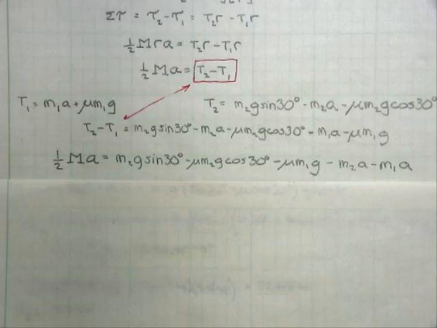Well, we can now describe 1/2 big M a is equal to, and instead of writing T2 minus T1, I'm going to write that expanded form. We've expanded T2 minus T1 into that term that you see: m2 g sine 30 degrees minus m2 a minus mu m2 g cosine 30 degrees minus m1 a minus mu m1 g.